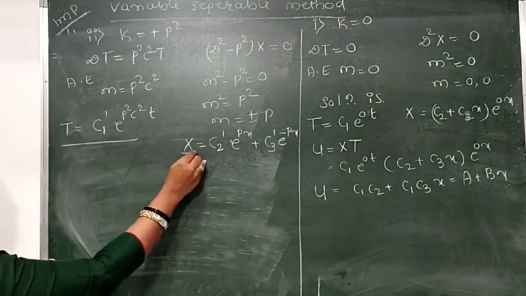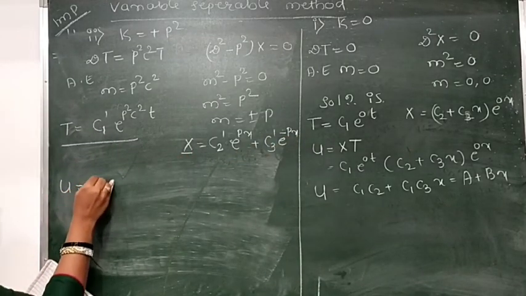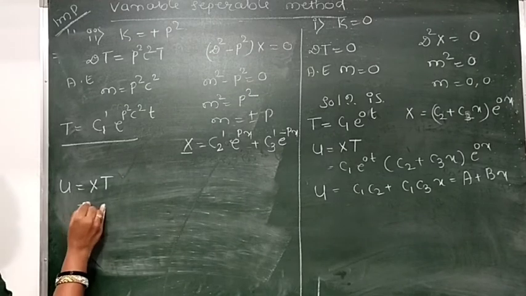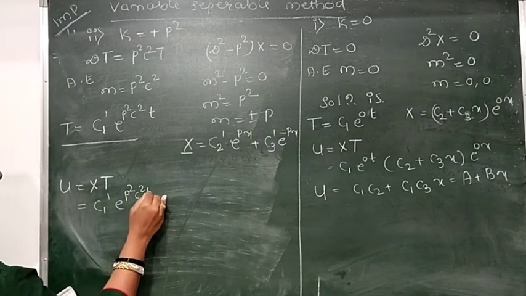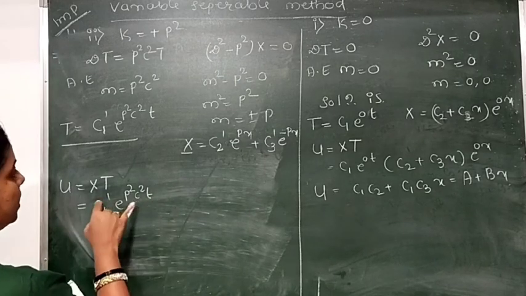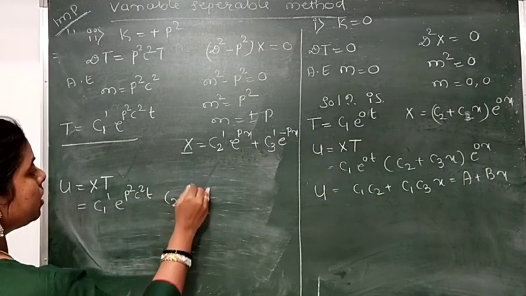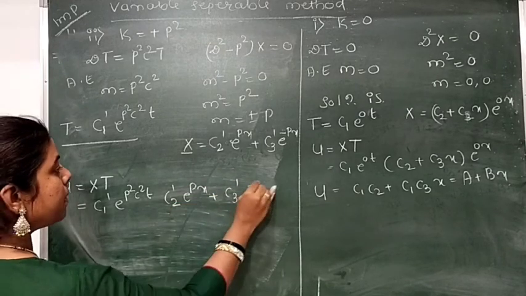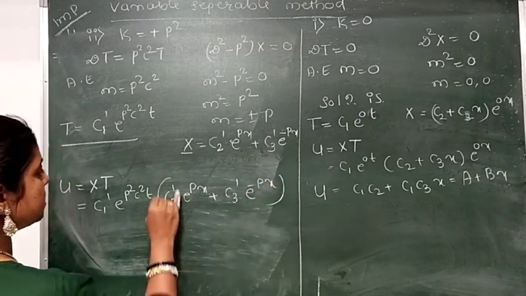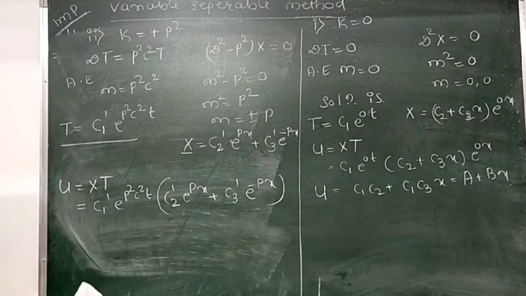These two values you have to substitute in our general solution u = XT: u = c1' e^(p² c² t)(c2' e^(px) + c3' e^(-px)). This is the second case.